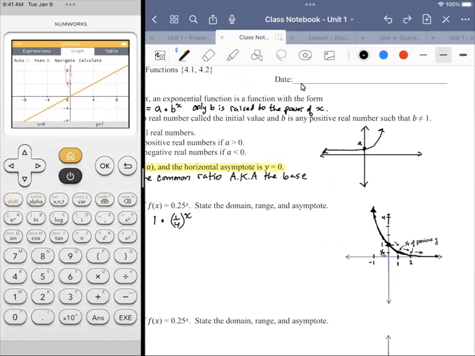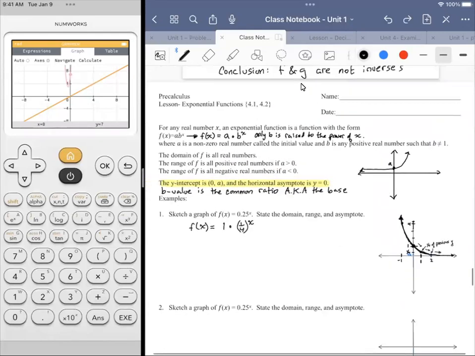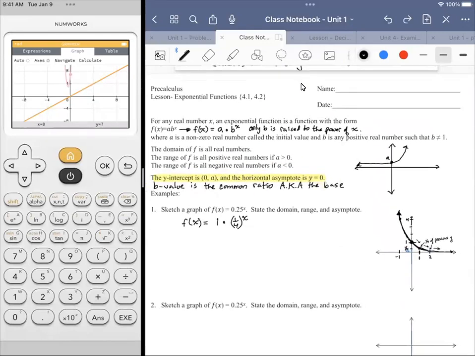All right. So if the common ratio is a whole number, so I don't think I wrote it here, if B is a whole number, then we're looking at something that's going to be increasing.